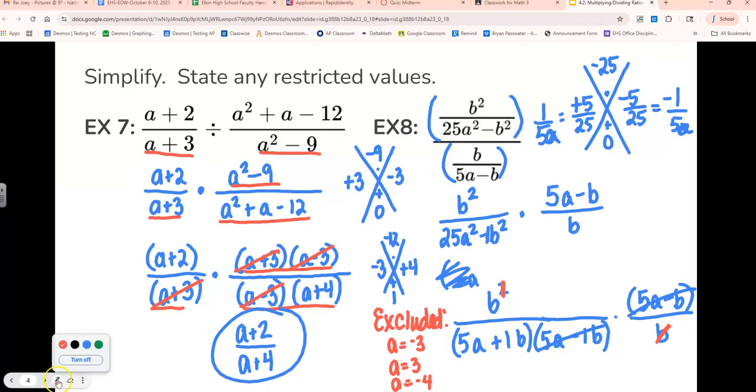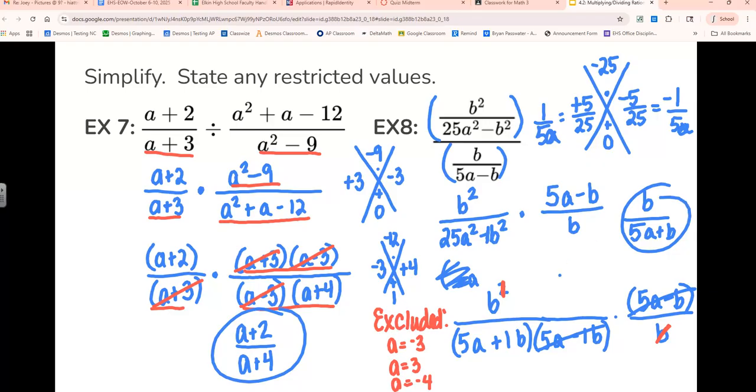So I will get B over 5A plus B. And I realize that my work is a little all around the world there. I ran out of room.